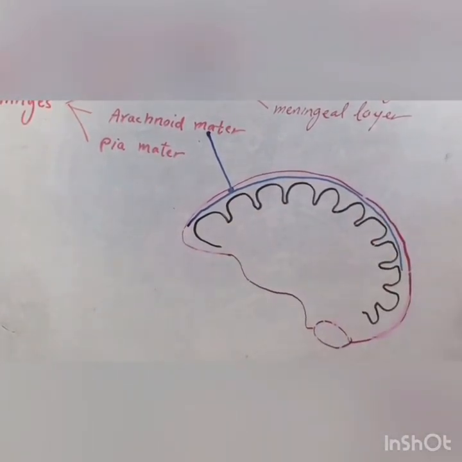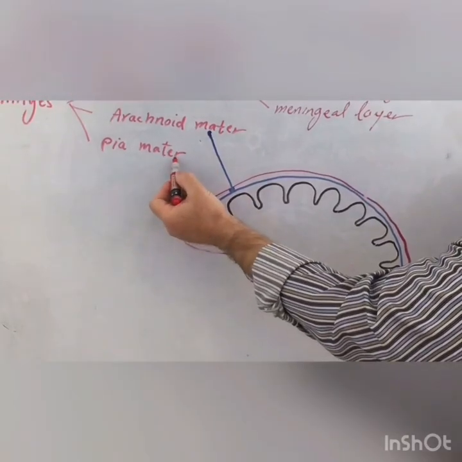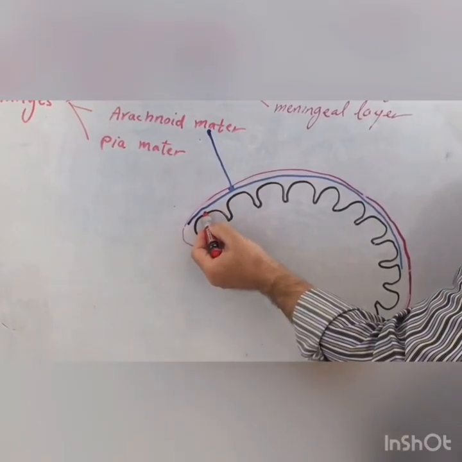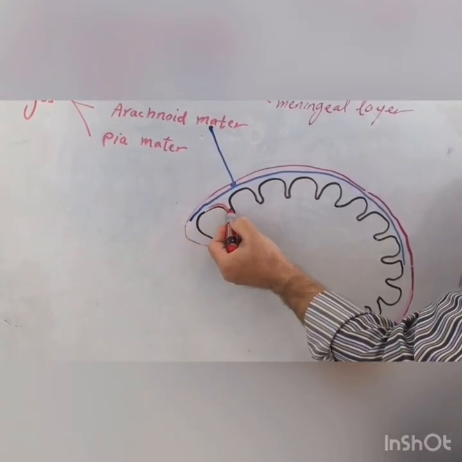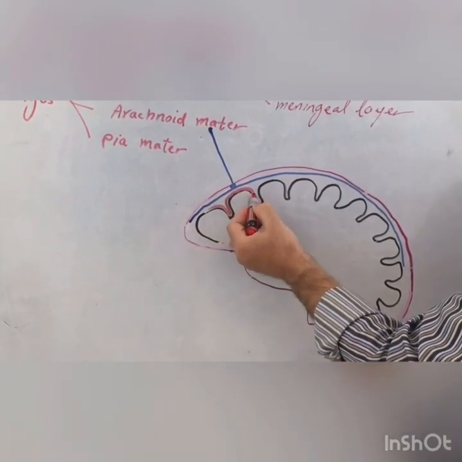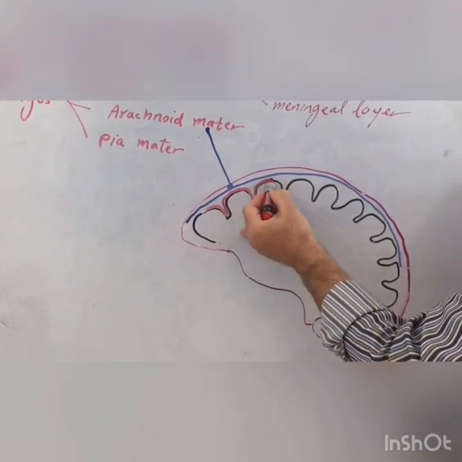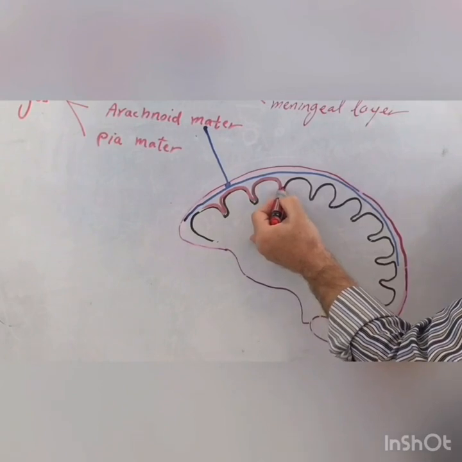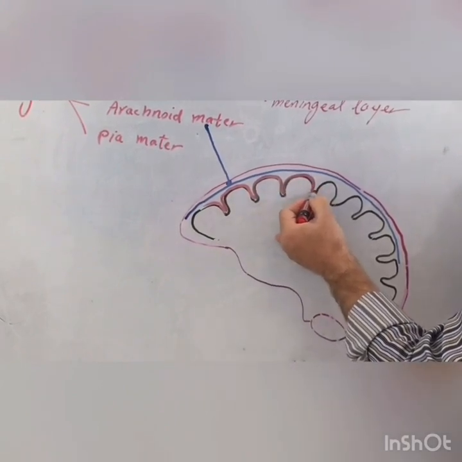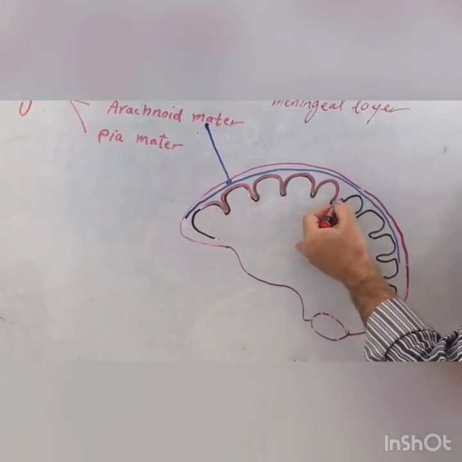While here, the third layer, which is the pia mater, is very adherent to the brain, this way. Very adherent to the brain surface, and it is passing over the gyri and entering the sulci in this way.